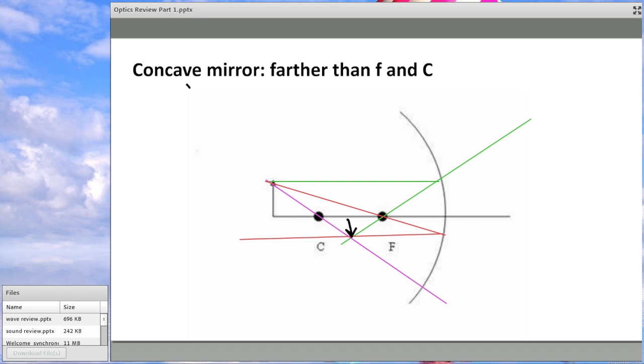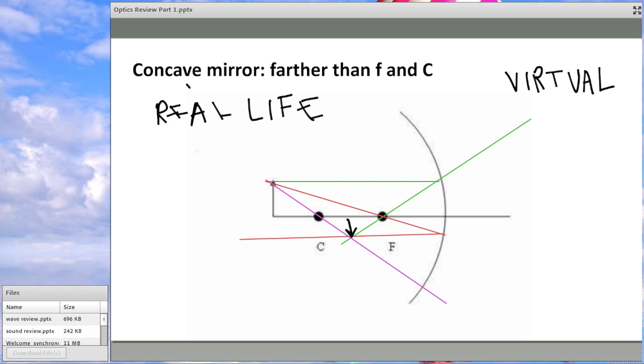And so what I said earlier is that the way I think of it is this side is like real life land, because that's usually where the object is. And this side is like virtual land. Okay, that's no problem. And so this is virtual land.